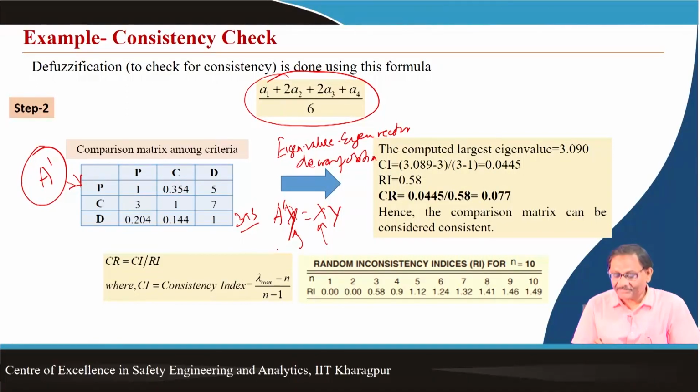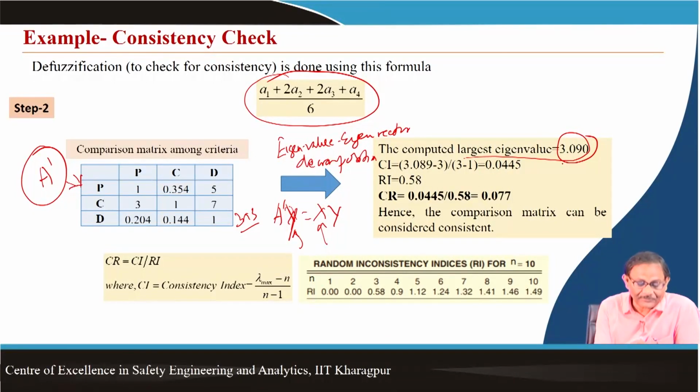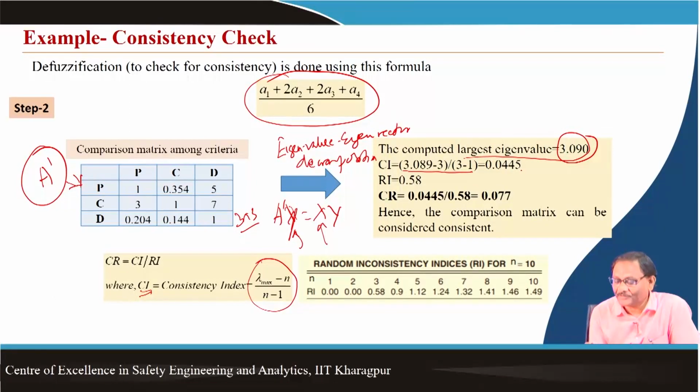Now out of these 3 lambda, the maximum value, the largest eigenvalue, you got 3.09. Basically, once you find the consistency index from this matrix, CI is lambda max minus n by n minus 1. So lambda max is 3.090, n is 3, so minus n minus 1, and you are able to get CI. CI you are getting 0.0445.